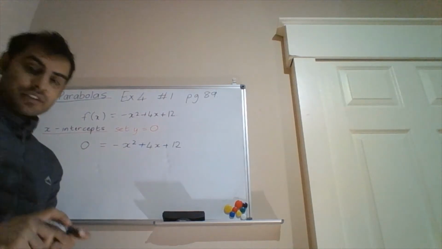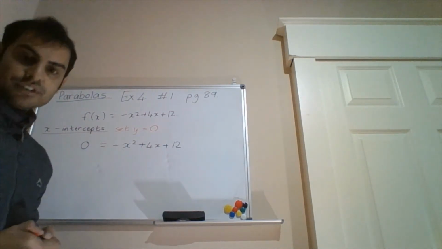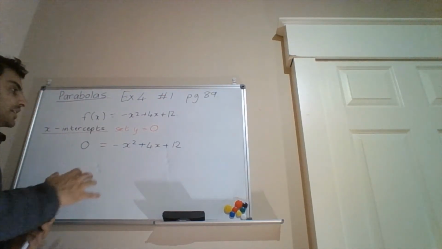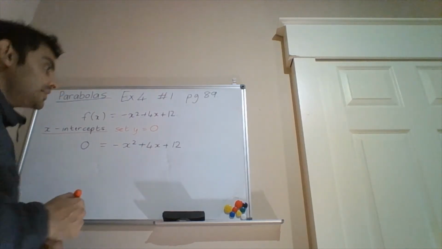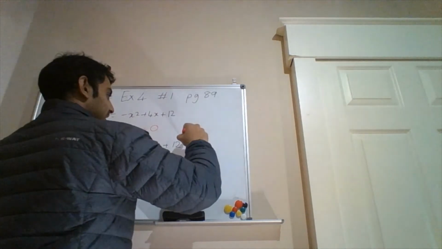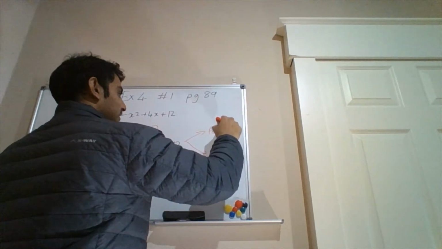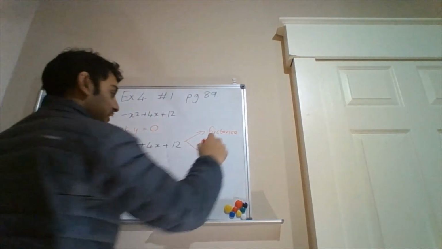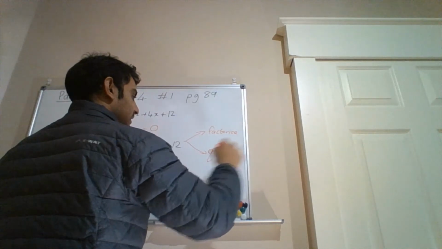So now what do we do? We are solving this trinomial for 0. So we need to factorize, or we can complete the square. So I'm going to write that down. Our two methods: factorize, and complete the square, or the quadratic equation.